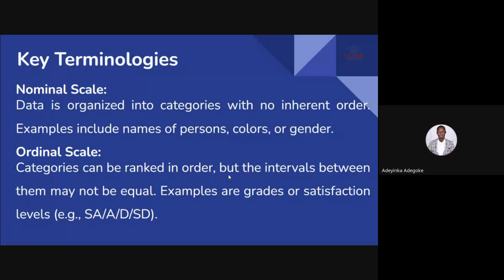Which other example can we have of the ordinal scale of measurement? Anybody that wants to help us? We have so many examples. Yes, we also have something like very serious, not serious, in terms of Likert scales. You are correct.